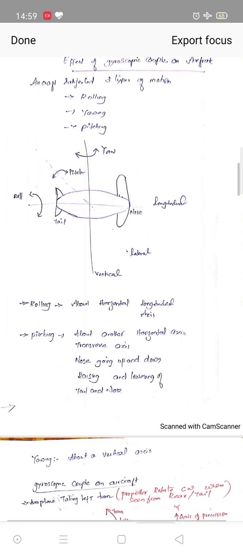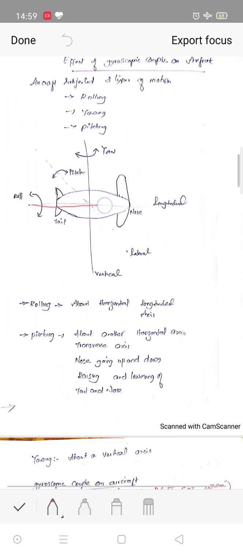This is the horizontal longitudinal axis, and there is a vertical transverse axis, and one more axis, that is a horizontal axis which is perpendicular to this axis. So basically there are two horizontal axes and one vertical axis. In our discussion we are considering two horizontal axes and one vertical axis.